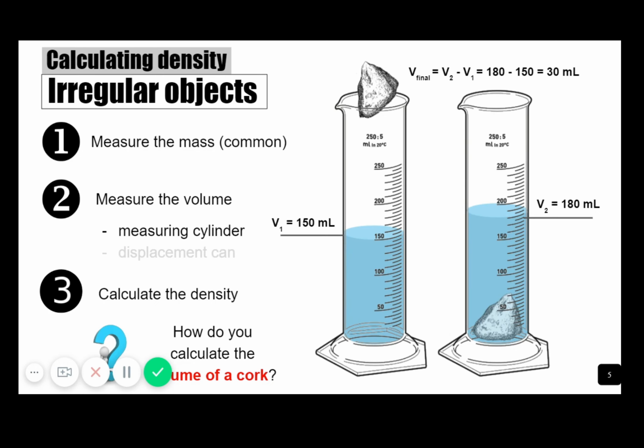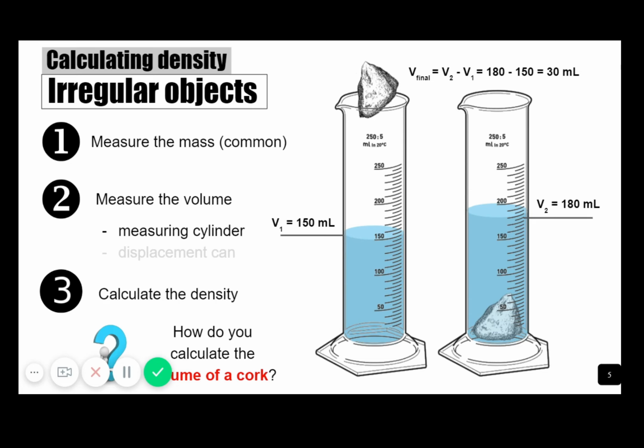What about irregular objects here? You will still need to measure the mass, and this is a common factor between the regular and the irregular objects. So let's take this stone here, for example. If the stone is small enough to fit into a measuring cylinder, which is what we're doing in step number 2, in the measuring cylinder, you will put a certain volume of water.